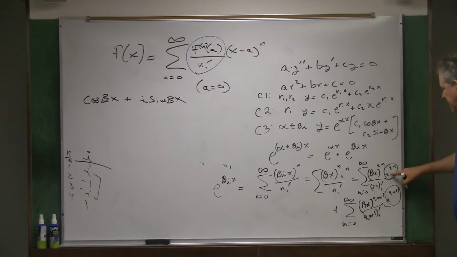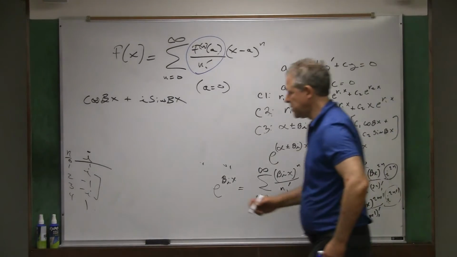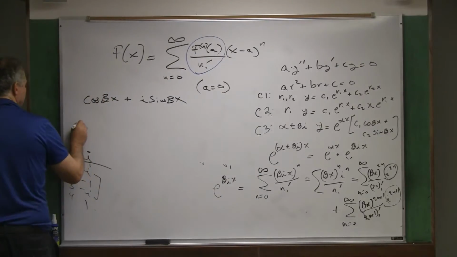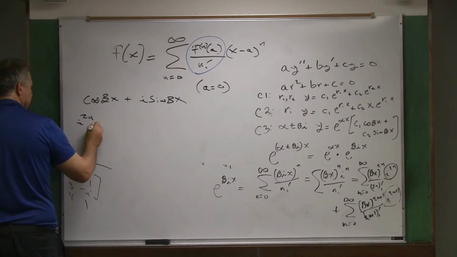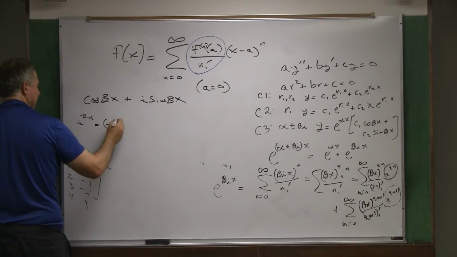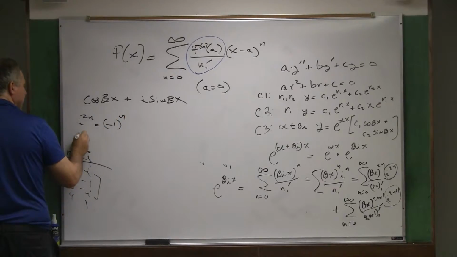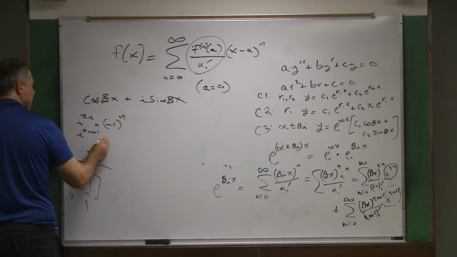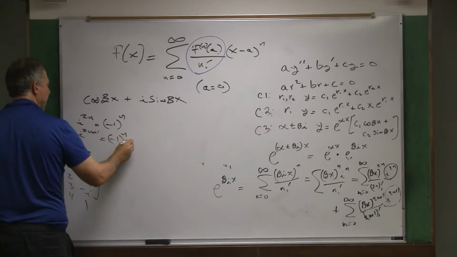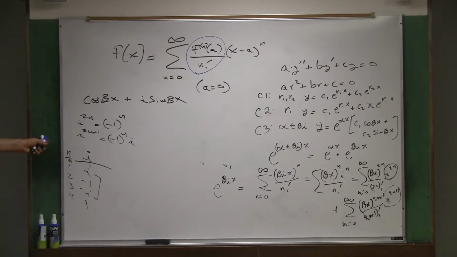This is just an alternating sign of (-1)^n, and this is an alternating sign (-1)^n times i. In other words, i to the 2n is just an alternating sign, and then i to the 2n plus 1 is just an alternating sign with i. And that's why you're getting the cosine and the sine, right? Now then we throw in those constants.